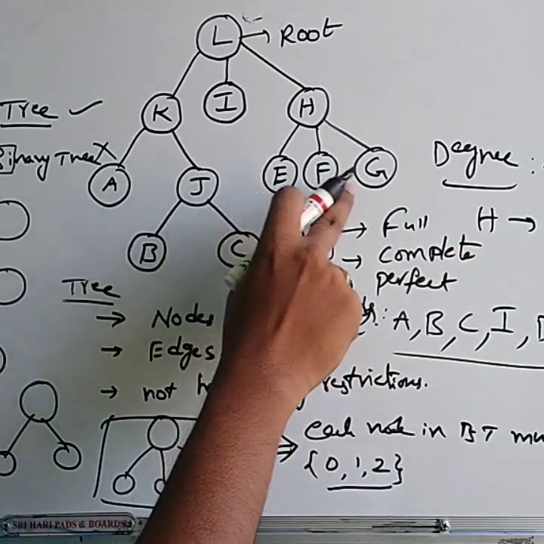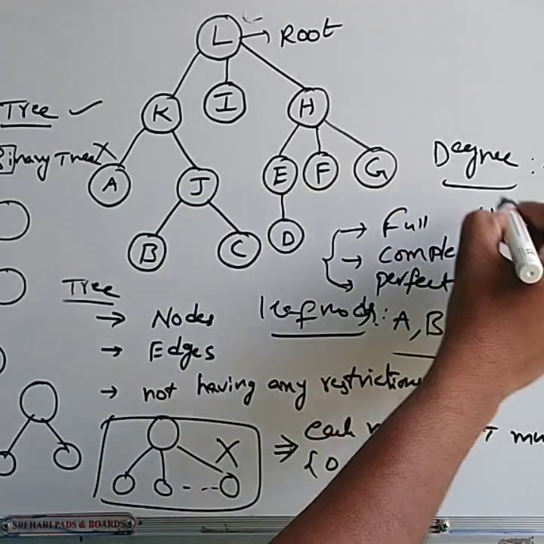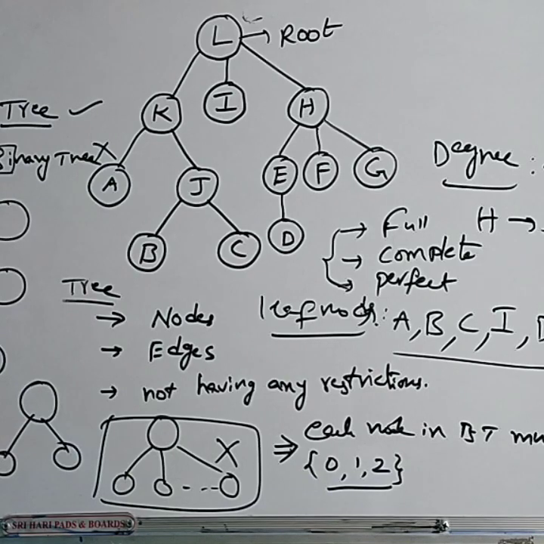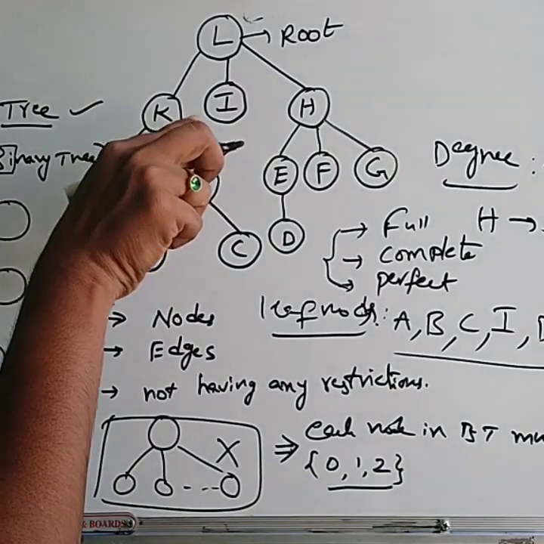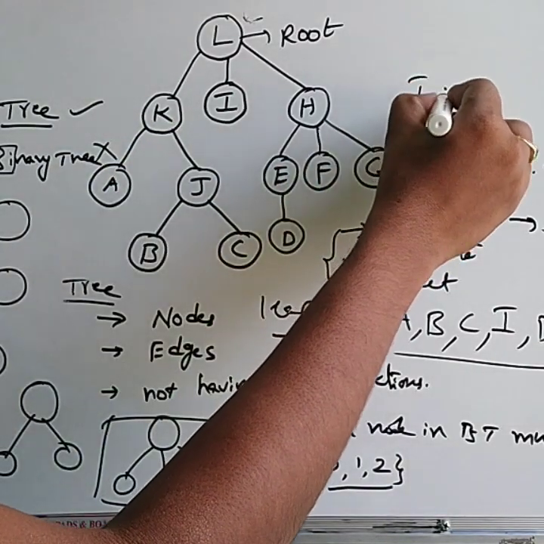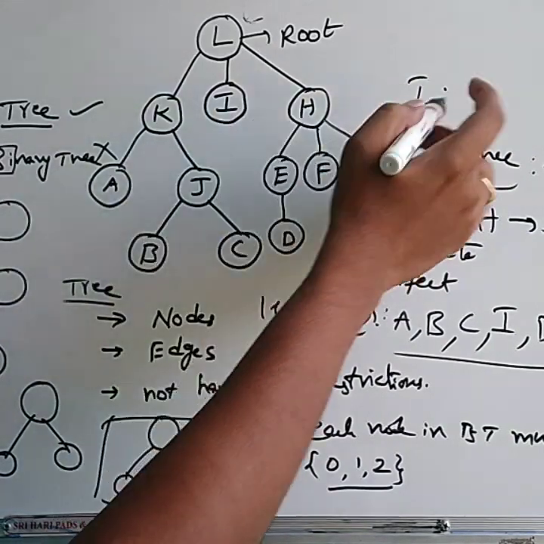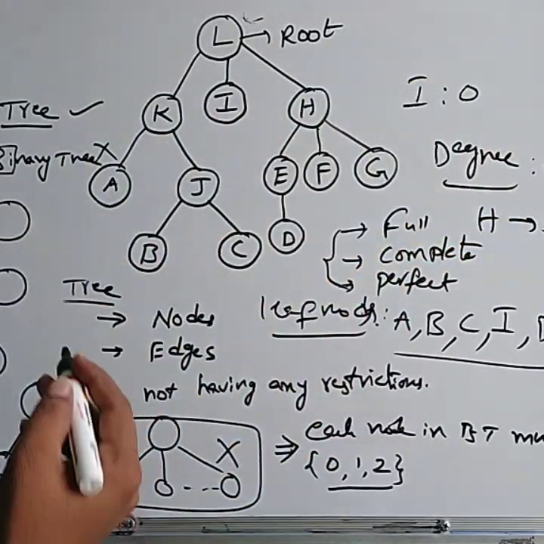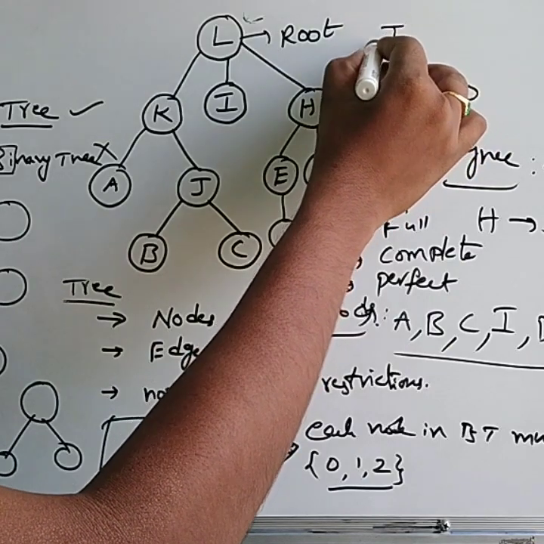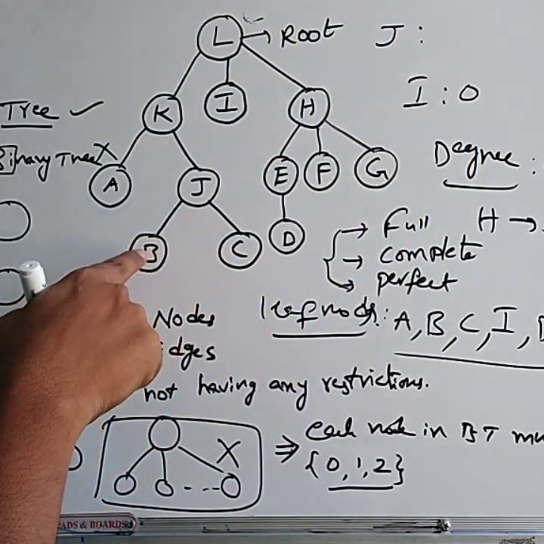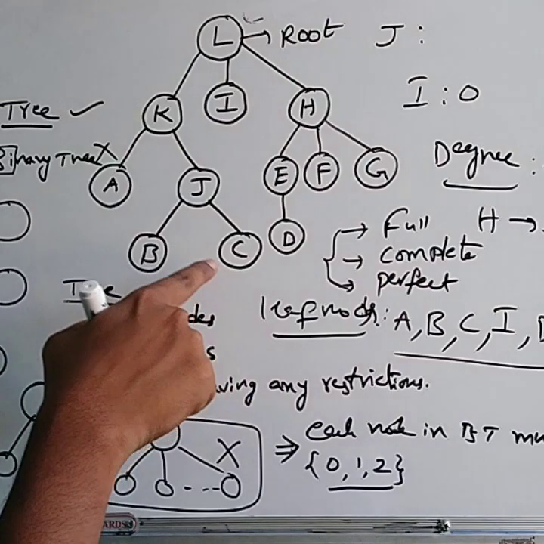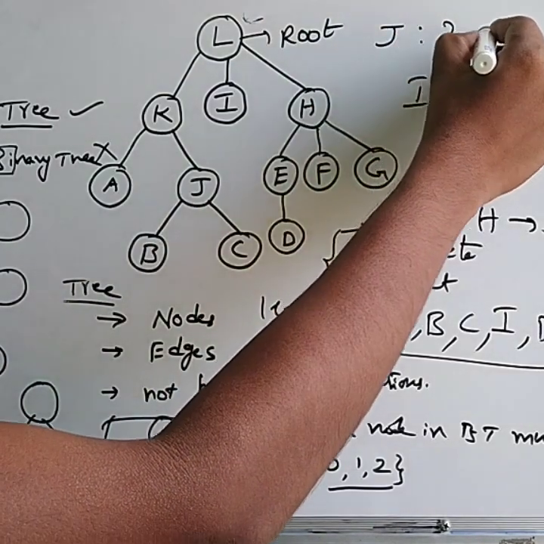How many children does H have? 3. So that is the degree of the node. Next, the degree of I. Does I have any children? No children, so the degree is 0. Take the degree of J. Does J have any children? Yes, it has 2 children, B and C. So the degree is 2.